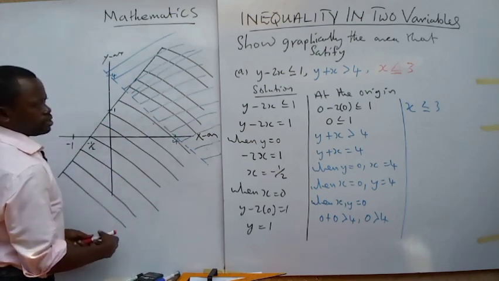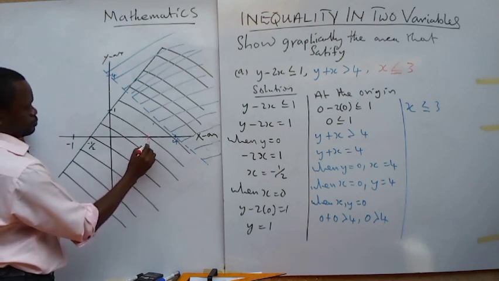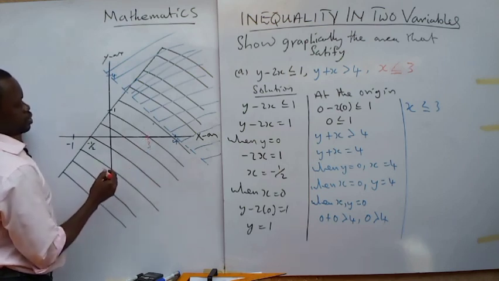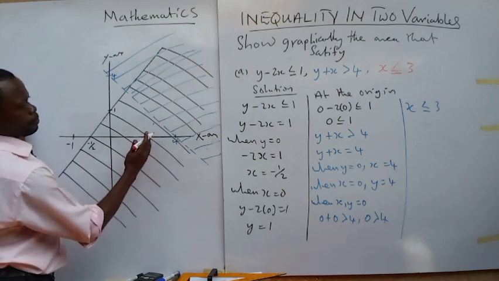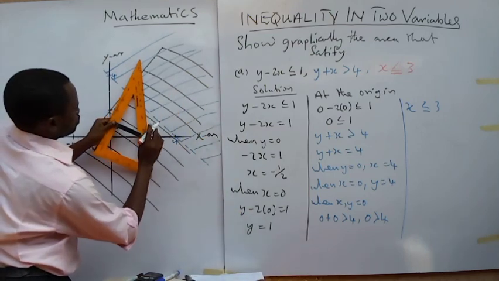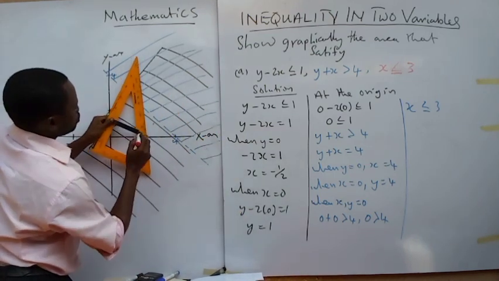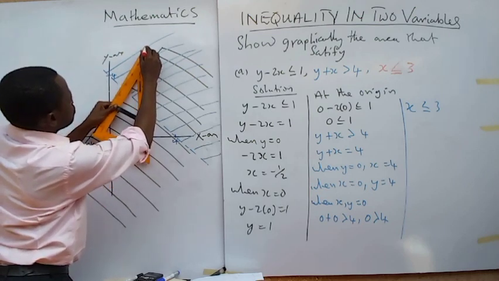And then finally, we are showing that x is less than or equal to 3. If somewhere here is 3. x less than or equal to 3 means this way, and we are using thick line because of that. You are seeing there, we are using thick line.